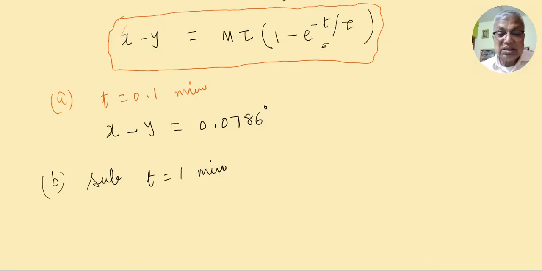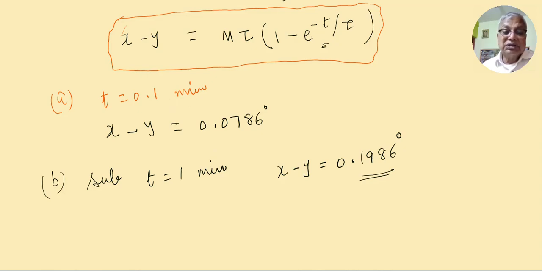You'll be getting the answer as x minus y equal to 0.1986 degrees. So this is the difference between the indicated temperature and bath temperature as time progresses after the disturbance.